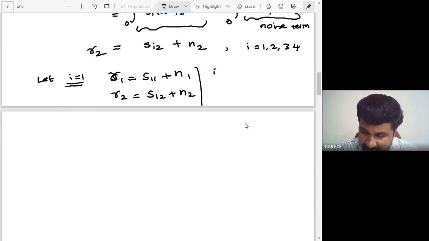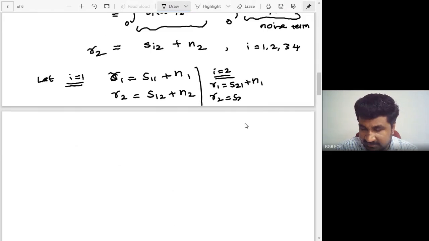Similarly, for i is equal to 2, R1 is equal to s21 plus n1, R2 is equal to s22 plus n2. Similarly, we can write for i is equal to 3 and i is equal to 4.